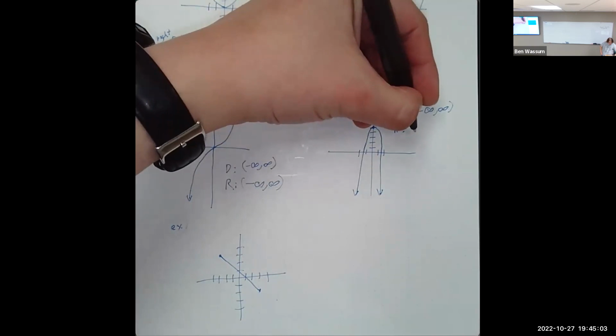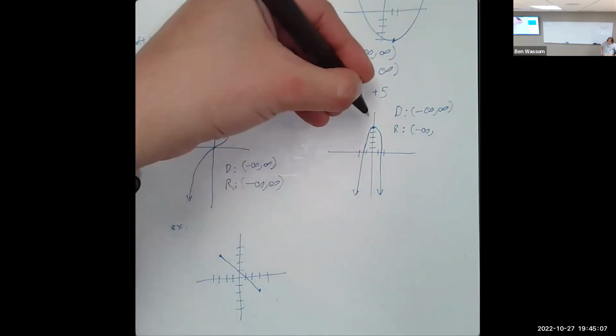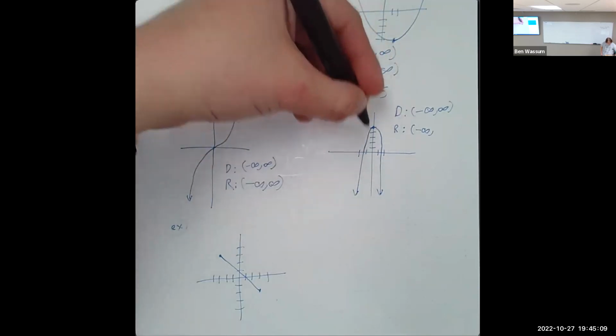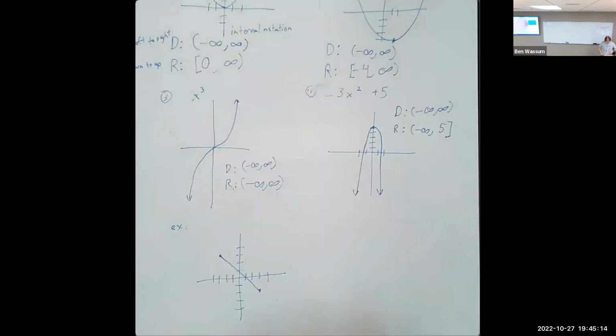So you would start with the negative infinity and you go to the highest point, which in this case is 5. Domain is always left to right, range is always low to high. No exceptions ever.